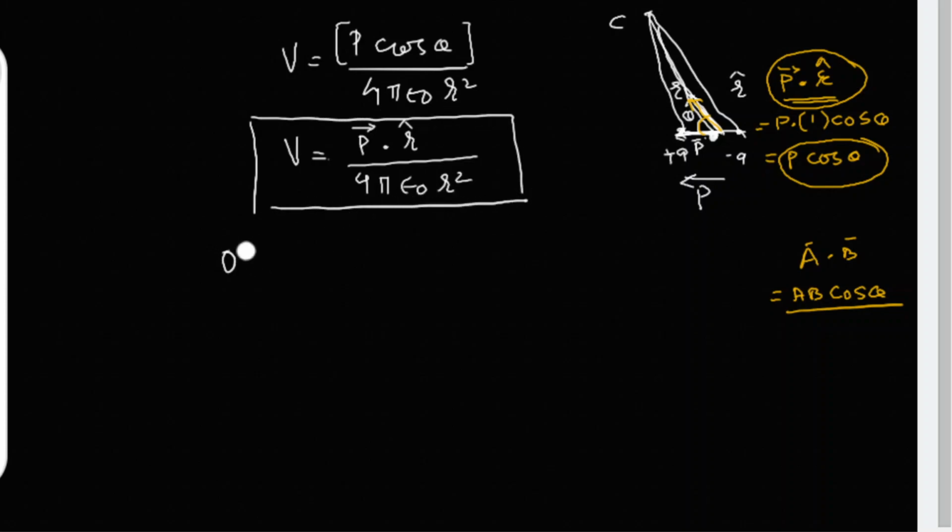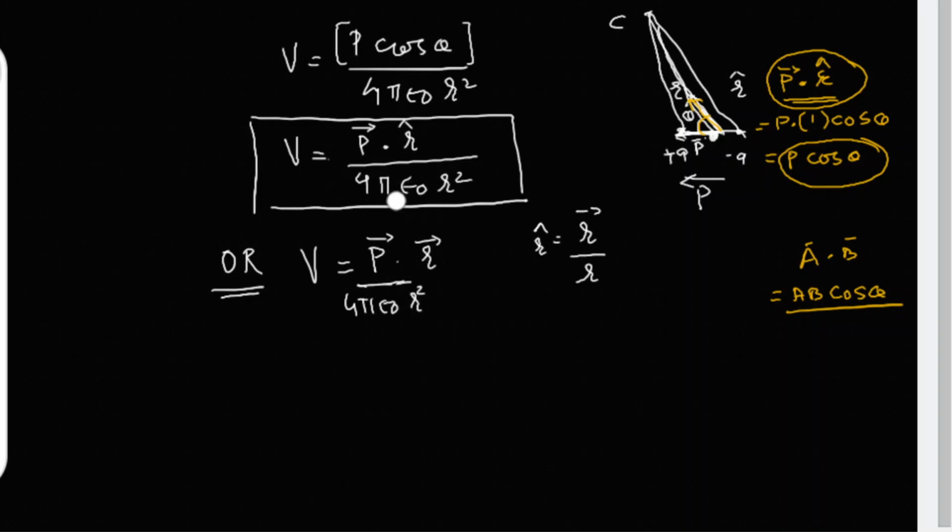And we can also write here, V is equal to, what is r cap? r cap is nothing but vector r divided by the distance r, isn't it? So instead of this we can write this also. So vector p into r vector, and this r I'll write down, so it will be 4 pi epsilon 0 r square.